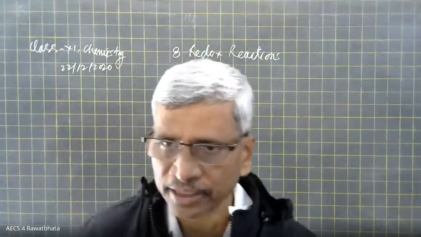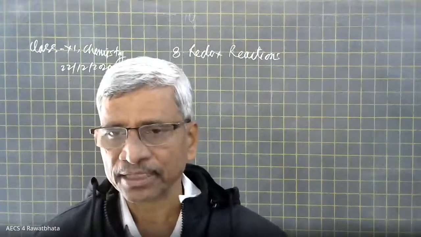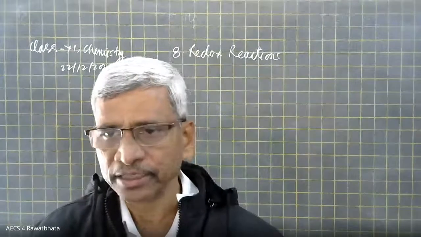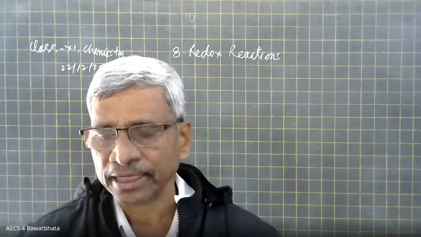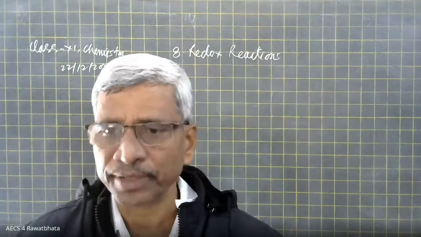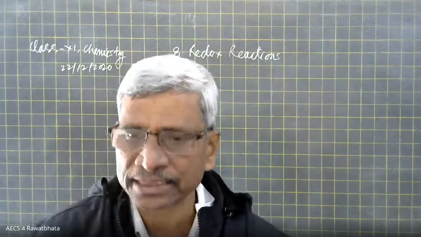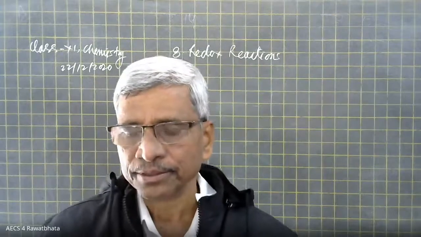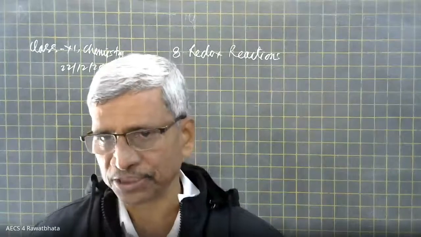I have to see this question once again, because if both were strong, then there is no doubt. But acetic acid is a weak acid, and NaOH is a strong base that will ionize completely, but acetic acid will ionize partially. When 1/4 of the acid is over, then what should be the pH?